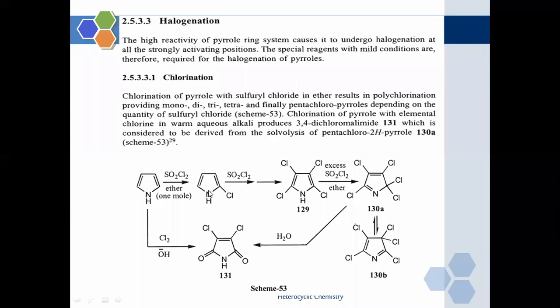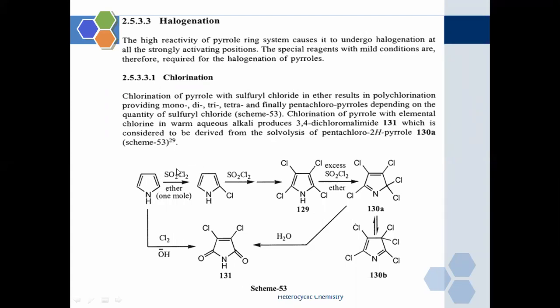But if we carry forward the reaction, pyrrole undergoes polychlorination to form mono, di, tri, tetra and finally pentachloropyrrole, depending upon the quantity of sulfuryl chloride we have used as a chlorinating agent.